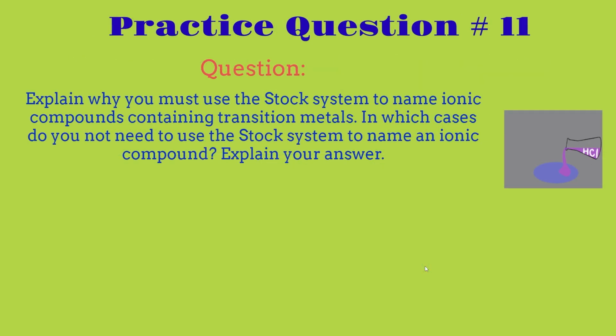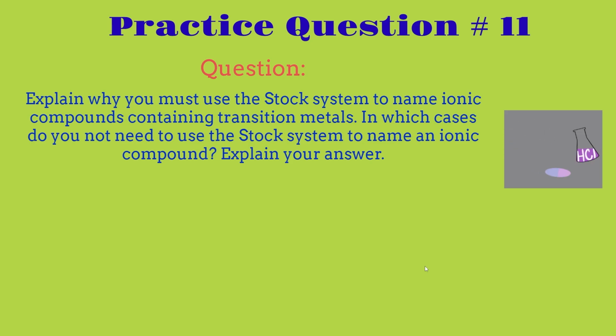So for practice question number 11, the question is, explain why you must use the stock system to name ionic compounds containing transition metals, and in which cases do you not need to use the stock system to name an ionic compound, and explain your answer. If we watched the previous videos, we know the reason we need to use the stock system for most transition metals is that these transition metals have more than one different cation.